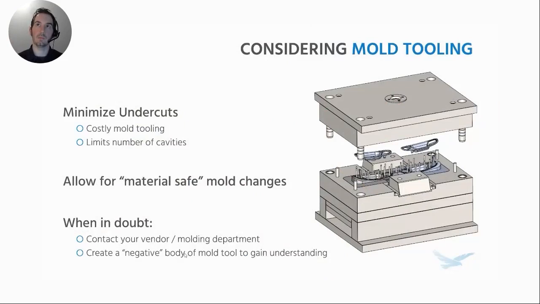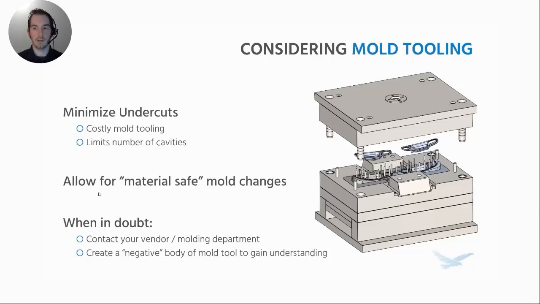One of the nice things to think about is, if you have any tight-fitting parts that need to be sized really tightly against each other, think about what's going to be material safe for the mold. If you think you're going to need to tune the fitment of parts, like say that big circular hole in this thing, you want to start off in what's called material safe for the mold.